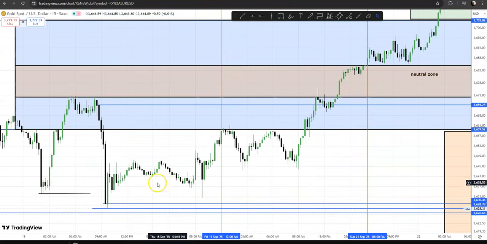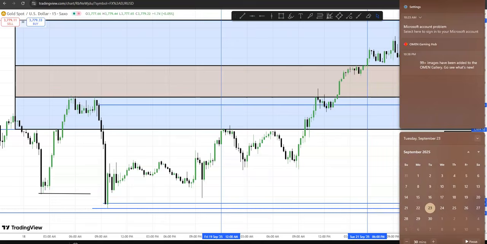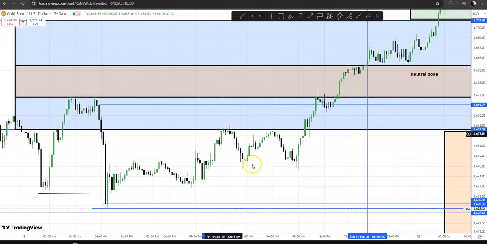So bear with me. So what do we have here? So this is around 12 a.m., 19th of September. Friday. We saw how the move played out. Market price got going.